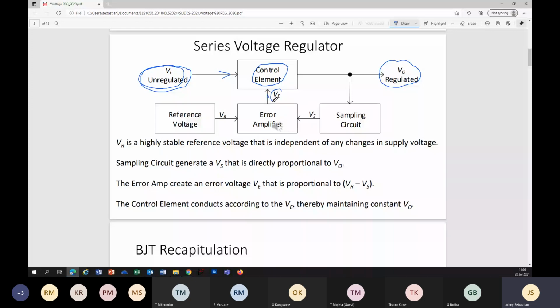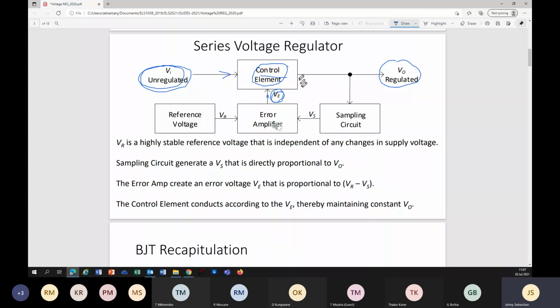So the control element is able to conduct based upon the error voltage VE. When the error voltage is 0, the control element cannot conduct. When the error voltage increases, the control element is going to conduct. If the error voltage increases further, the control element is going to conduct more. Okay, that is the control element.